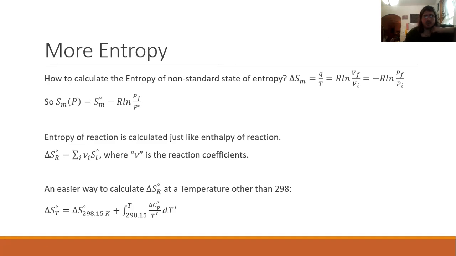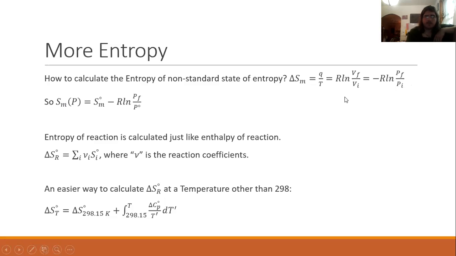Some more quick statements. So how can we calculate the non-standard state of entropy? If entropy is Q over T, well, we also had that, so R ln Vf over Vi, or negative R ln Pf over Pi. So if we have the molar entropy and we want to find it at non-standard pressure, we take our standard state entropy and add on the effective pressure.